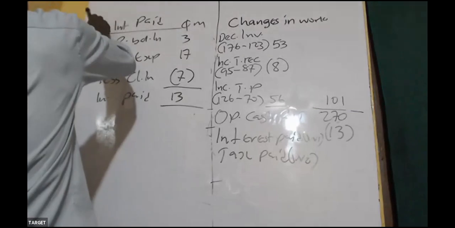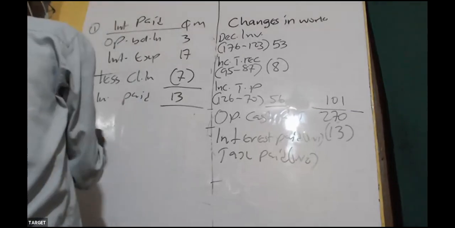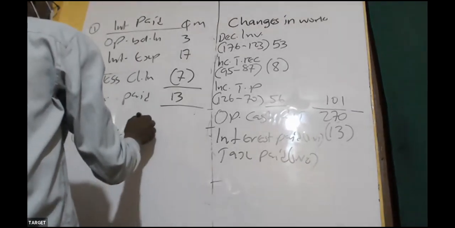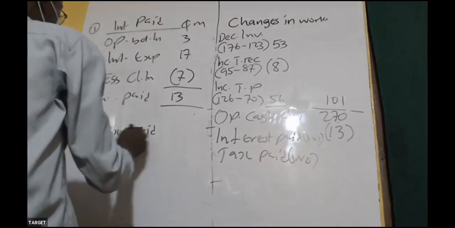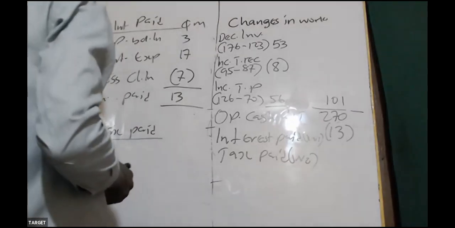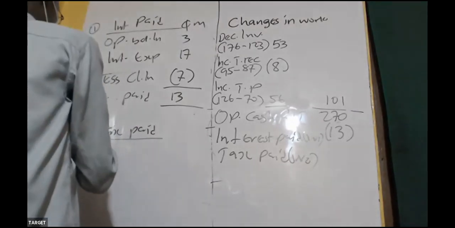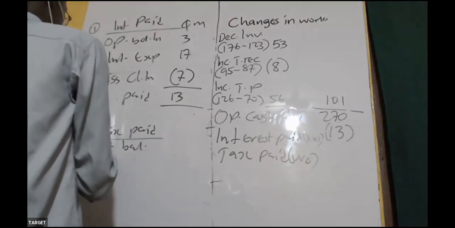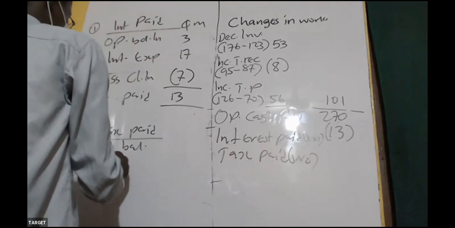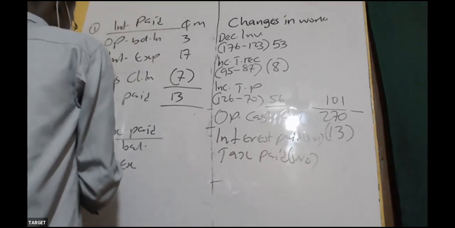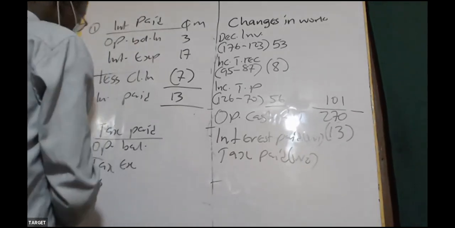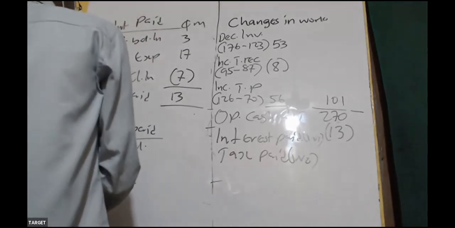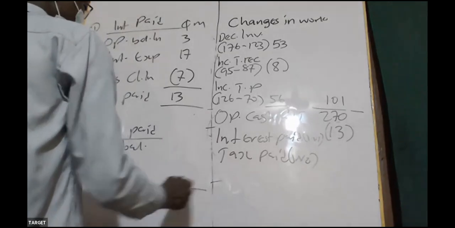So note workings number 1, number 2. Tax paid: open balance, tax expense, less closing balance. Then I'll get my answer.